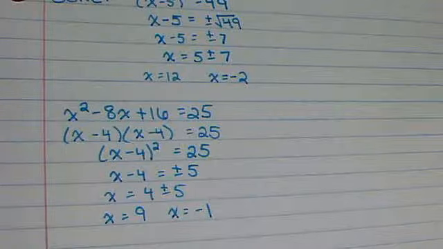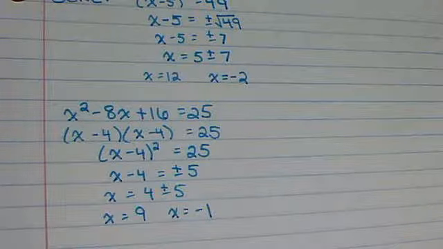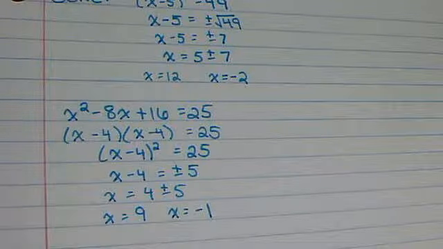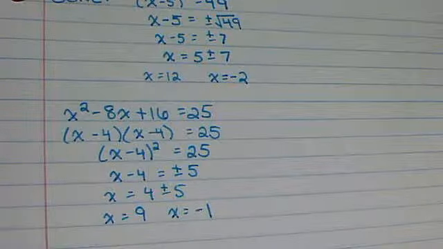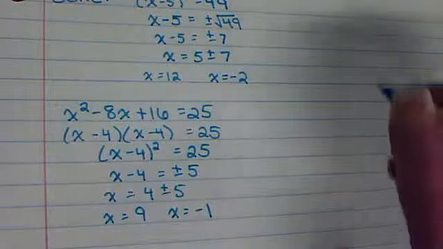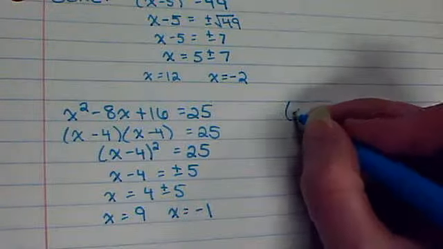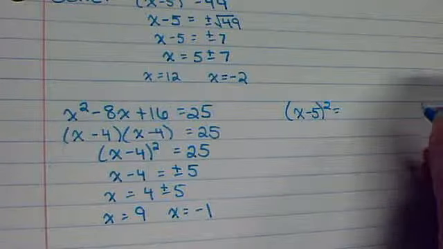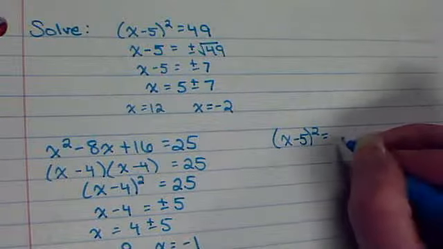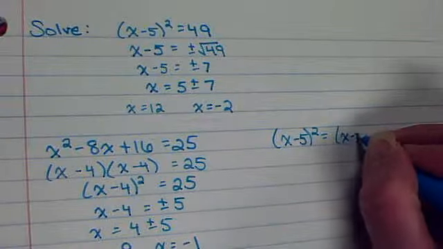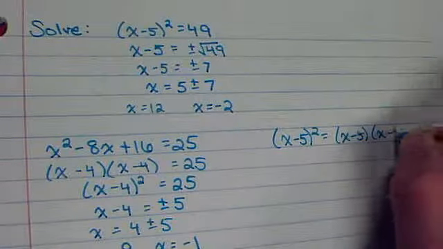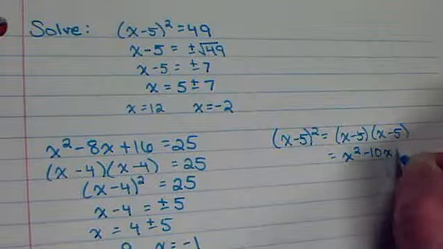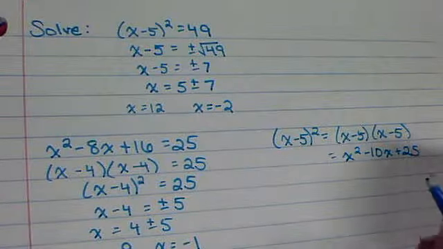Now I really want you to think about what it takes to have something squared. Like if we had x minus 5 squared, what that would have looked like to begin with. That would have been x minus 5 times x minus 5, which is x squared minus 10x plus 25.